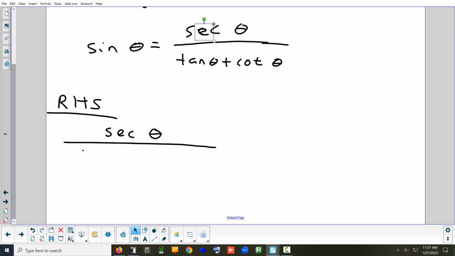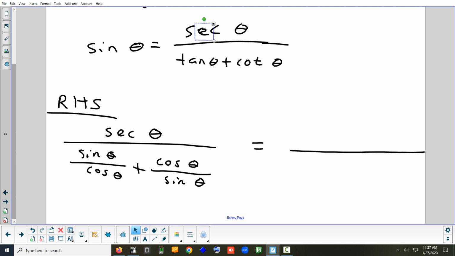So secant over sine over cosine plus cosine over sine. What's my common denominator for the bottom?